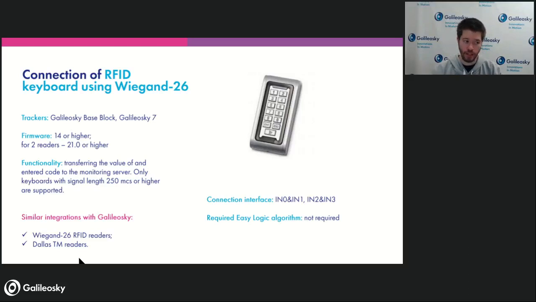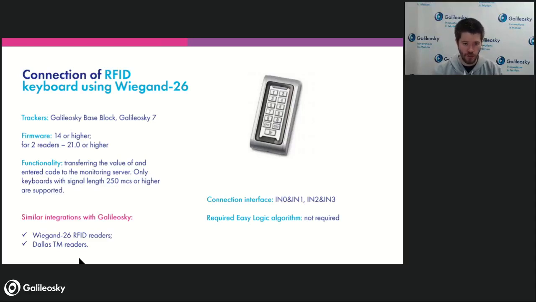So the idea here is that we can use any keyboard that has signal length of 250 microseconds or higher. Otherwise, we will not be able to read the signal. It will be too fast for us. And the keyboard itself will transfer the value of the entered code to the monitoring software.